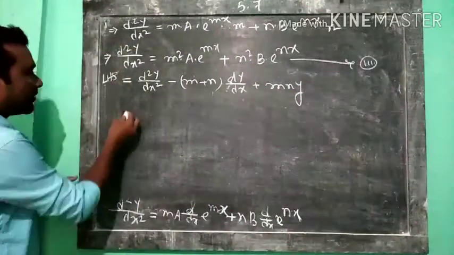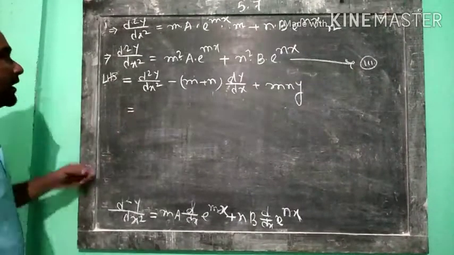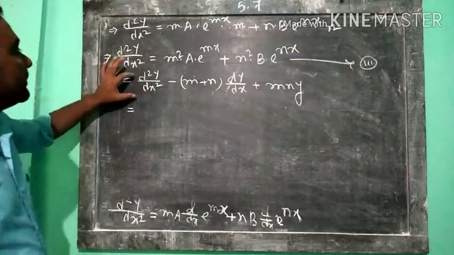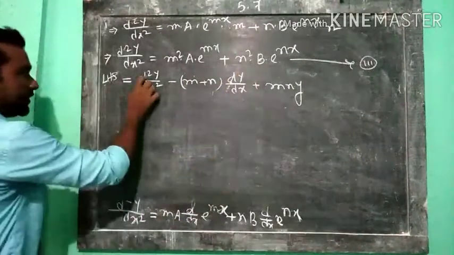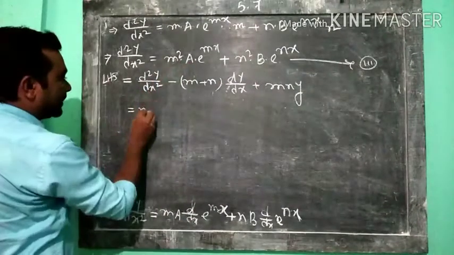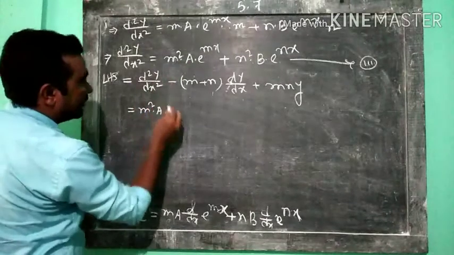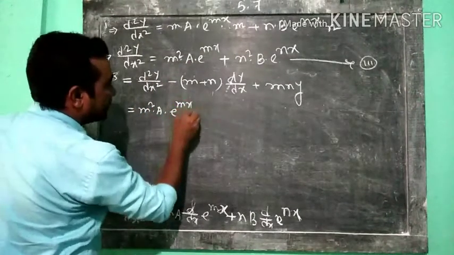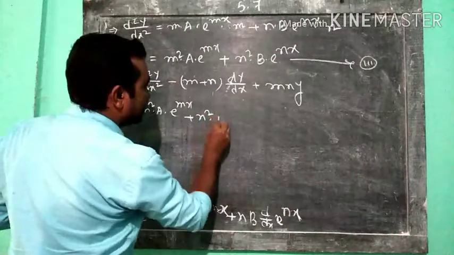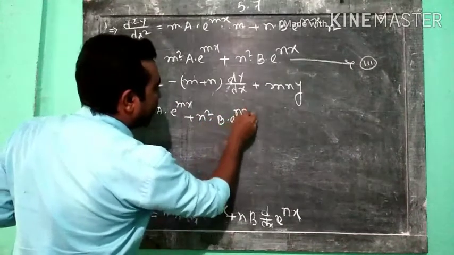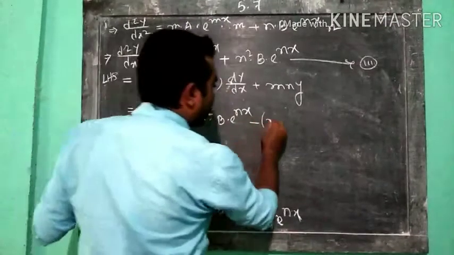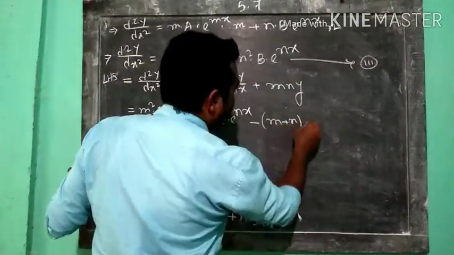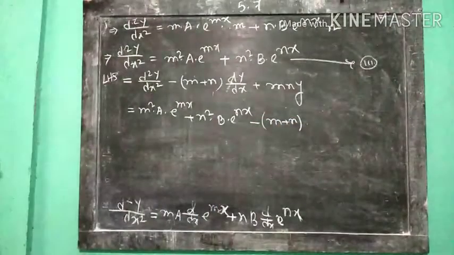So how to solve this? Here we know the value of d2y/dx2. So this is the value of d2y/dx2: m square a into e to the power mx plus n square b into e to the power nx, minus (m plus n) into dy/dx. We know the value of dy/dx.